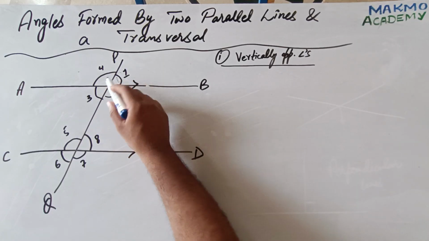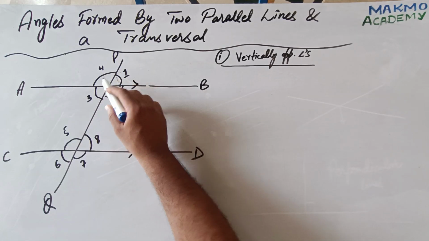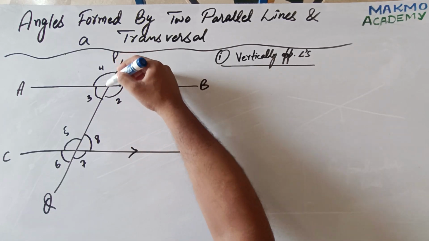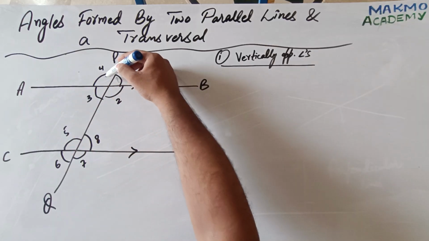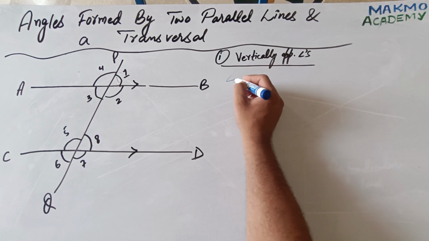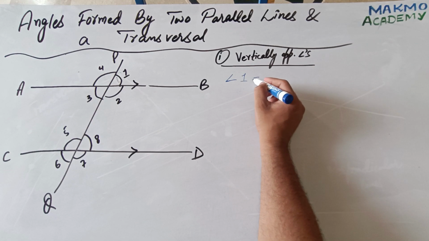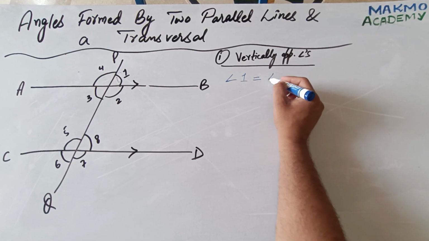The angles formed on the opposite sides of each other are called vertically opposite angles. These are two straight lines, and these are vertically opposite angles to each other, and the sizes of these two angles are equal to each other. It means that angle 1 is equal to angle 3.